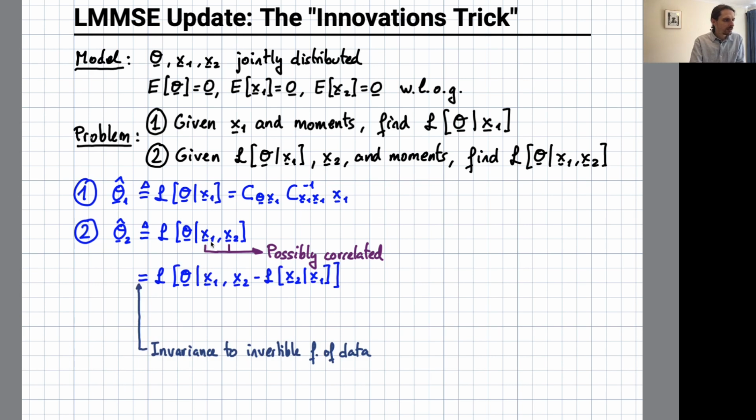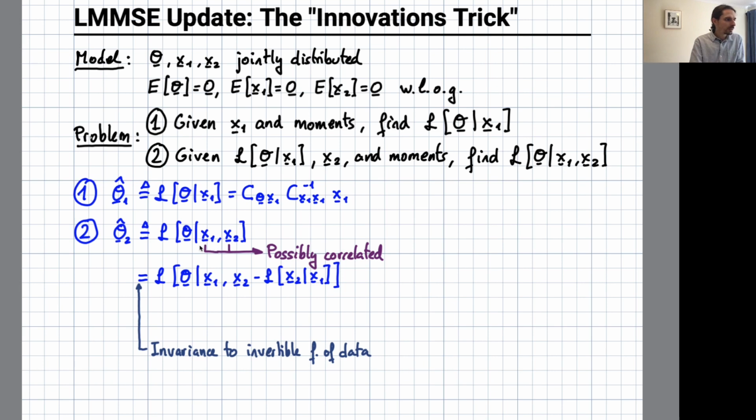And this is when the interesting part comes. This is what I think is a very, very smart trick. The idea is to subtract from this vector its LMMSE estimator given the first vector. Since the means are 0, this is a linear function of x1, and it can be easily seen that these two vectors are related by an invertible linear function.